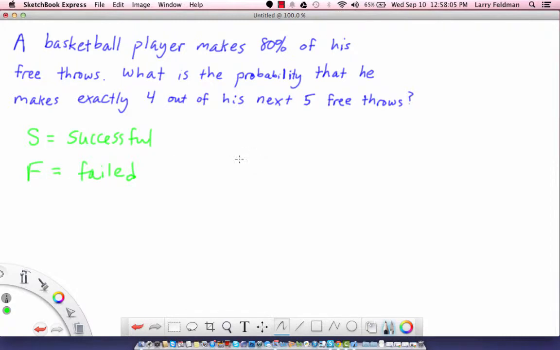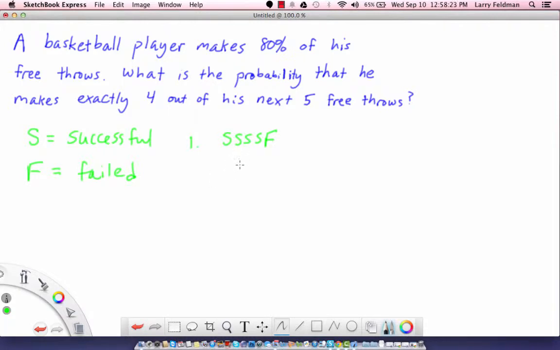And I want to start analyzing this problem like this. Let's say that the player makes his first 4 and then misses the last. What is the probability of this occurring?